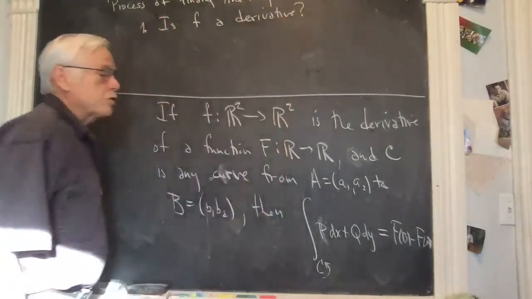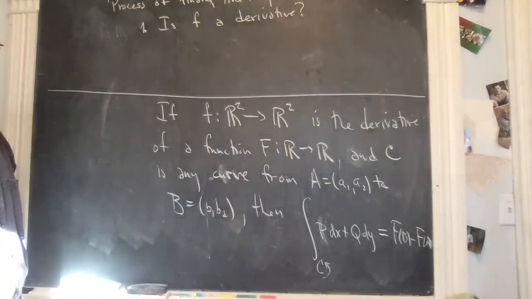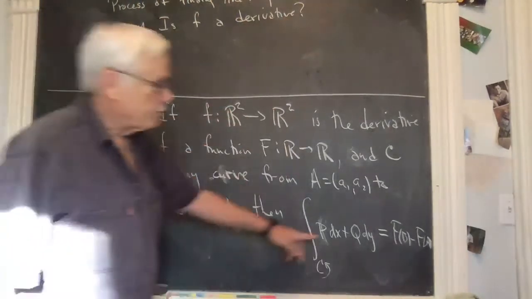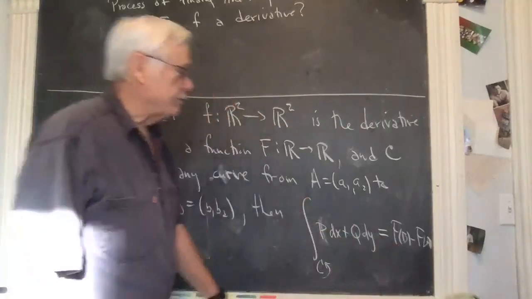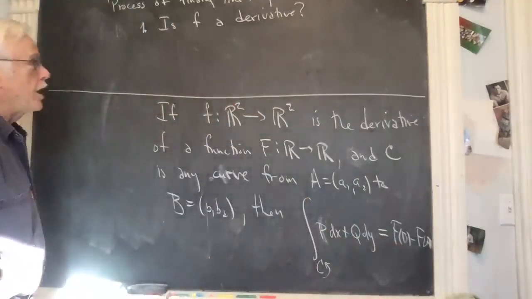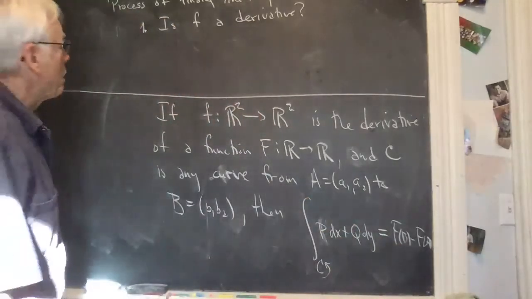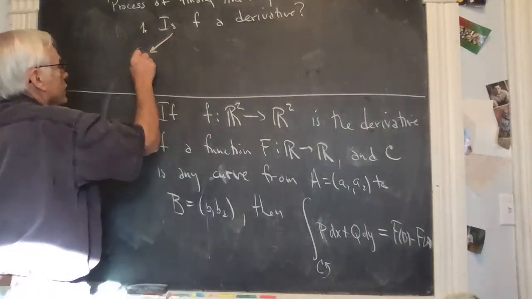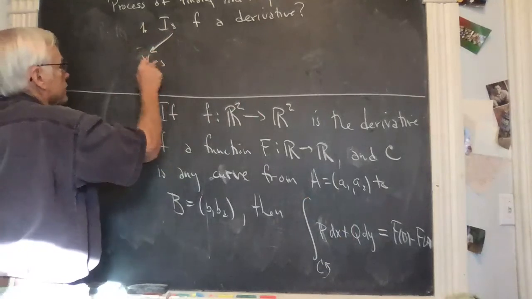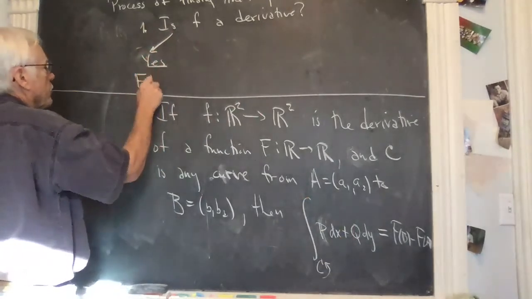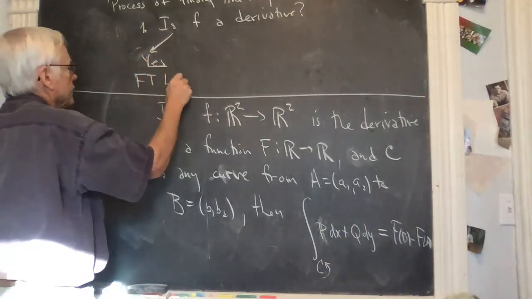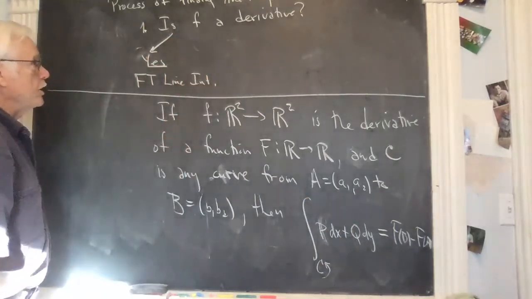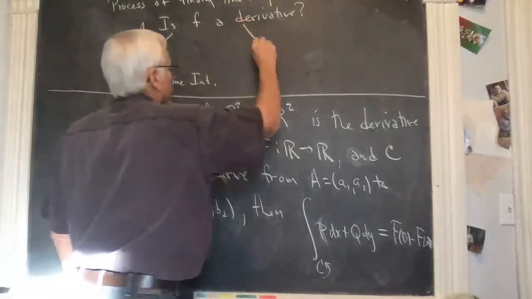If it is, then the answer is easy using this fundamental theorem of line integrals. Find the antiderivative, plug in the endpoints, subtract, amen. So if yes, then you use the fundamental theorem of line integrals, and you're done.